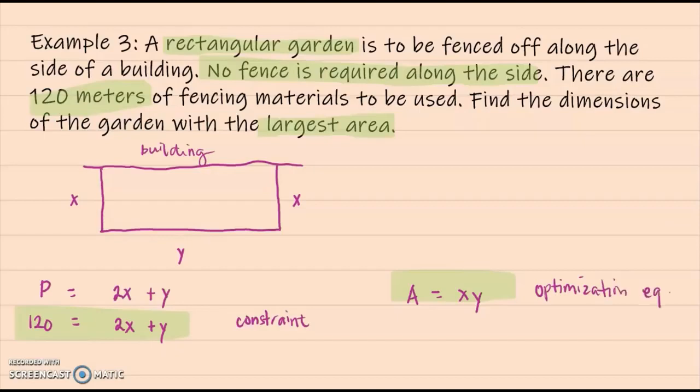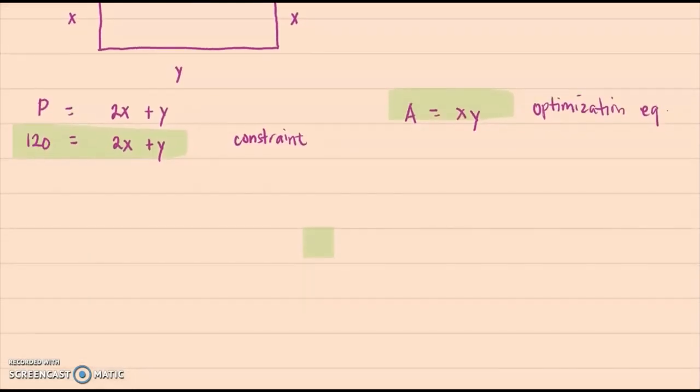Alright, next step is to solve for the value of y using our constraint. We have 120 equals 2x plus y.